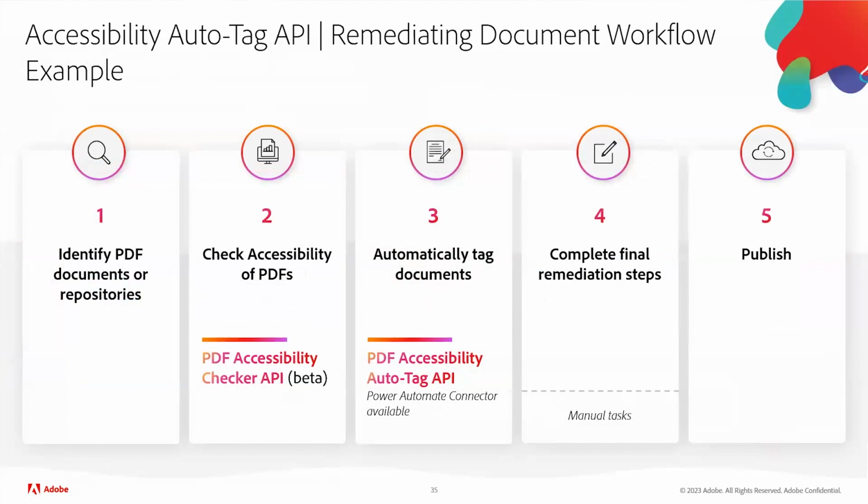So what happens is you need to identify the documents in the repository that need to undergo the accessibility test. So first, we have an Accessibility Checker API also that helps you check if this document is accessible. If not, what is it that you need to fix?